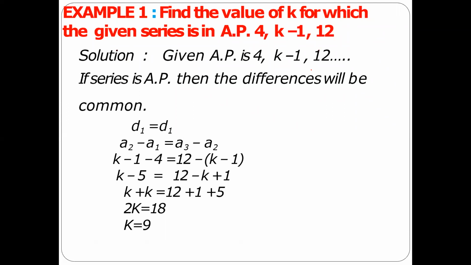So we know that the successive term has a constant difference from its preceding term. That means A2 minus A1, the second term minus the first term, is equal to A3 minus A2. If their differences are the same, then it is an AP. Otherwise, not.